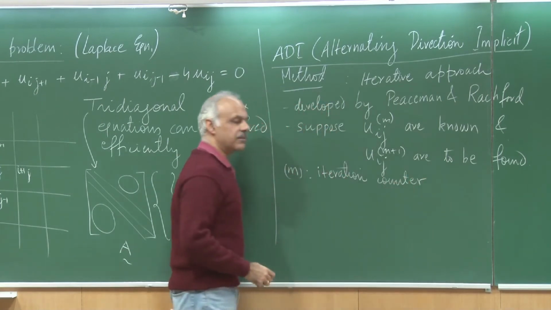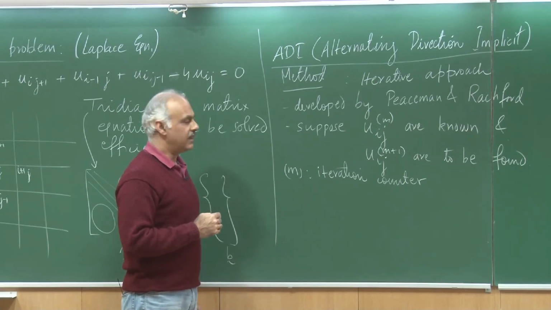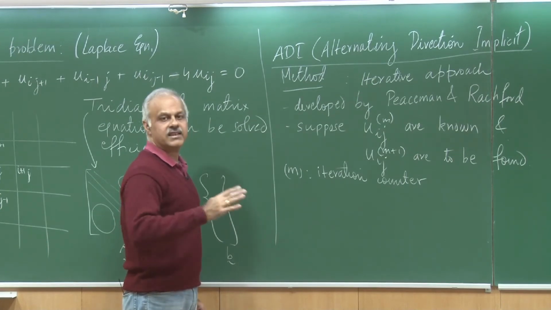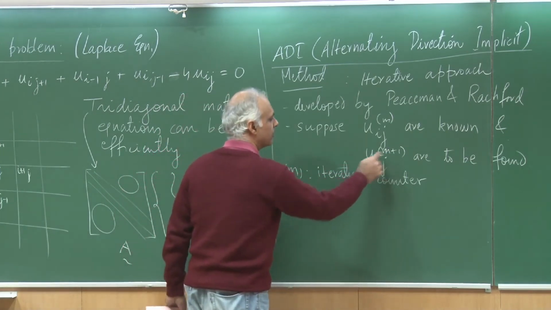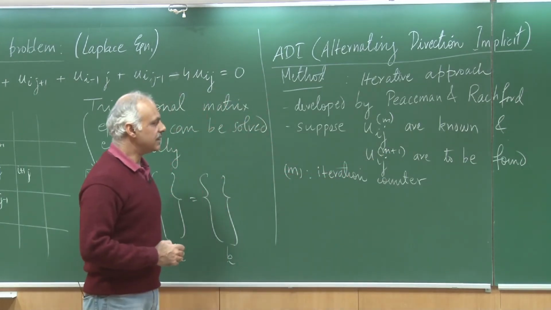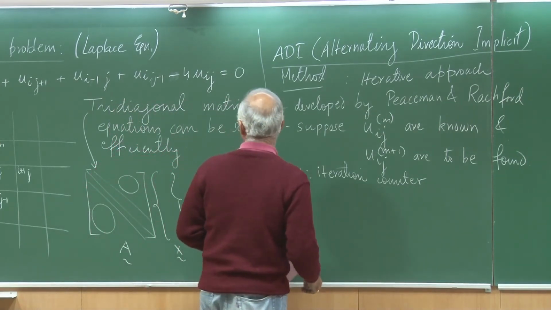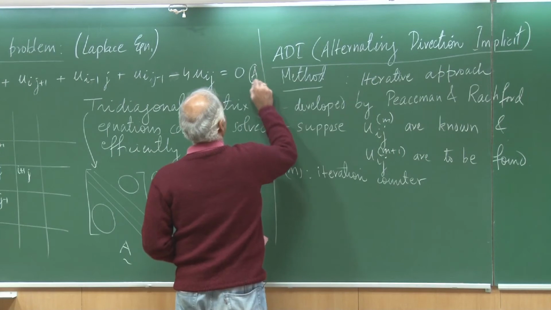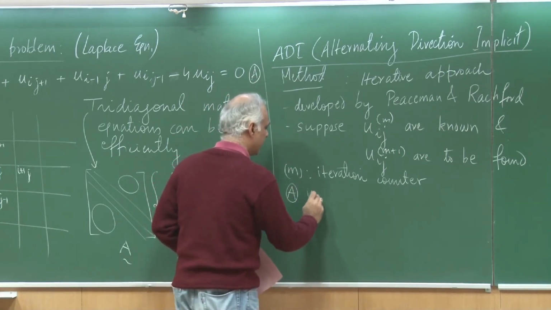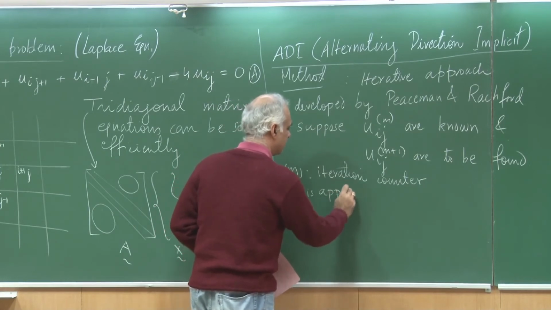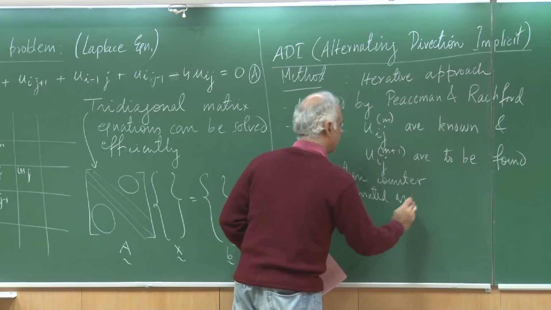So we start with some guess values, and we are on iteration number m, and at that level we know everything about the solution, and we just want to improve upon it, and the improved solution is at m plus 1. Let me call this A. So A is approximated as follows.